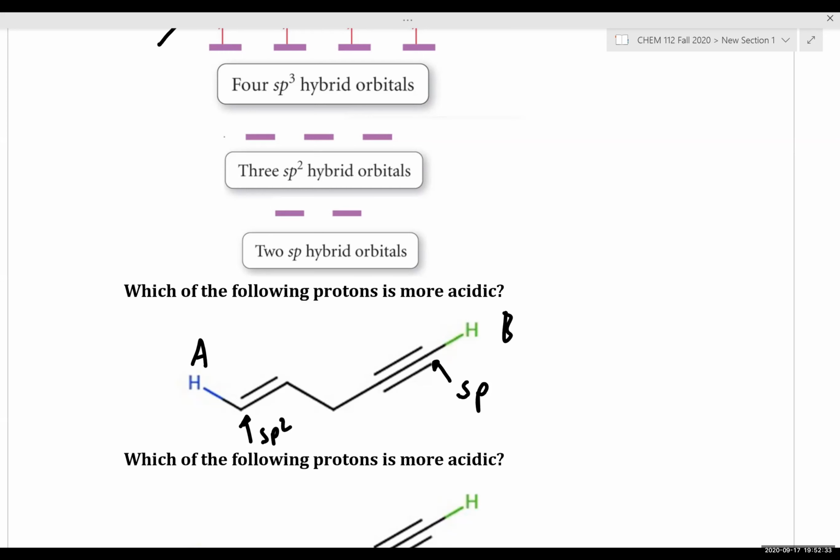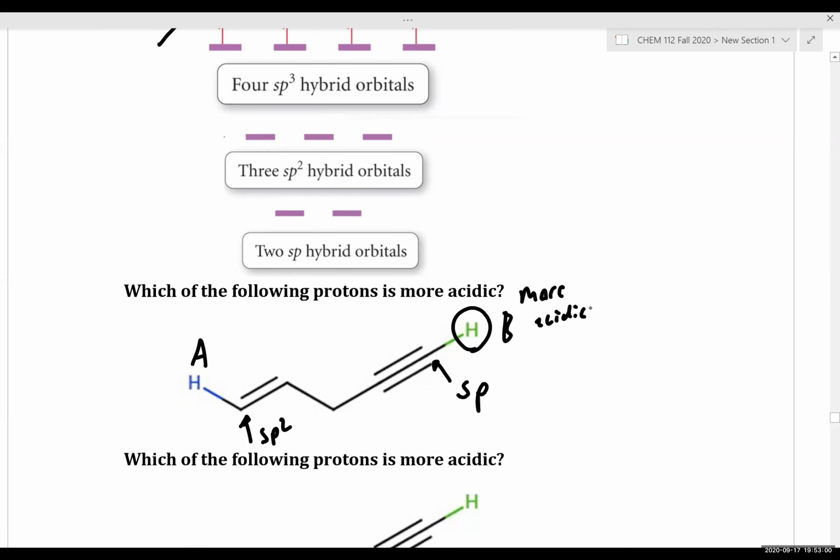We just said that anions are more stable in sp orbitals compared to sp2 and sp3 orbitals, right? So a more stable anion results in a more acidic proton, and since proton B is attached to an sp carbon, proton B will be more acidic.